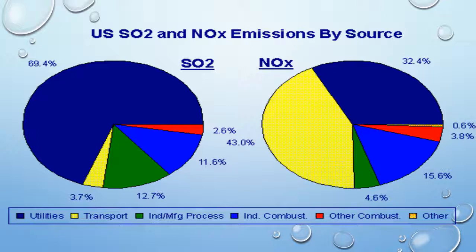However, looking at the pie chart on the right, the second largest sector for nitrogen oxide emissions is again utilities. So both of these pie charts are depicting that the primary source of sulfur dioxide and nitrogen dioxide are utilities and transportation.